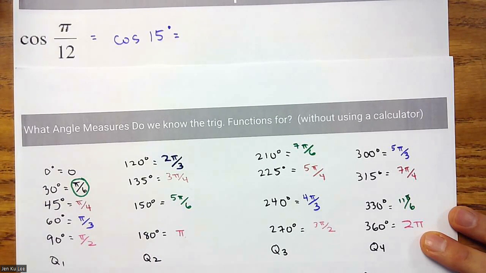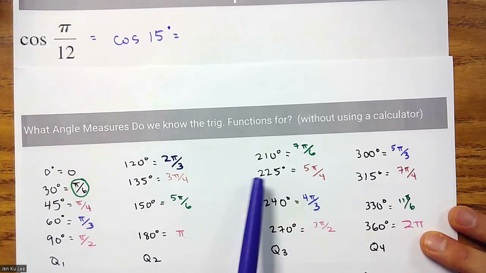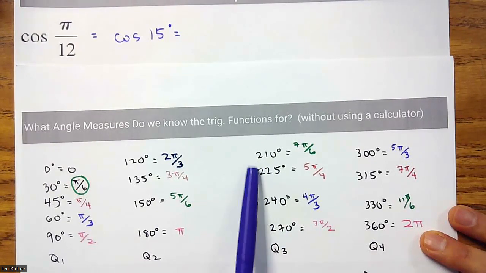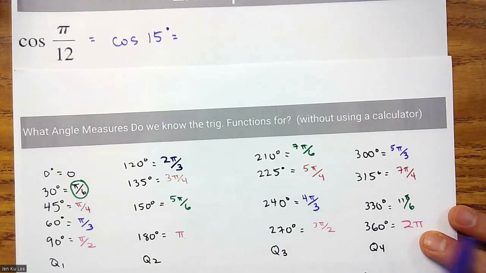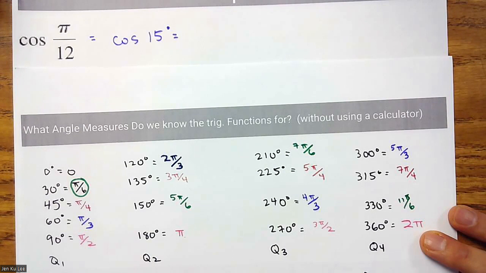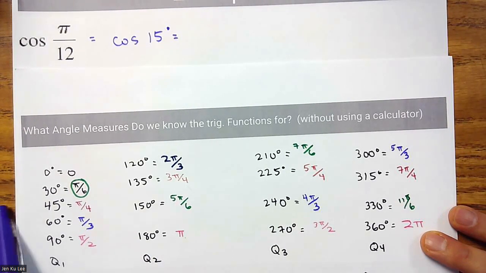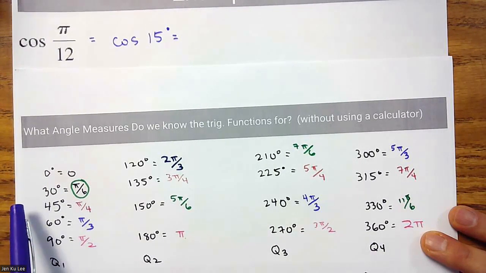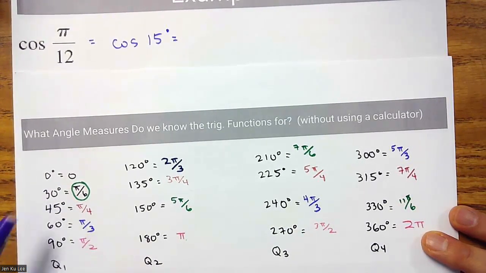What's another one we can go? 225 minus 210, right? You can use any combination that you want. But to keep the math light, I would go with the simplest one.